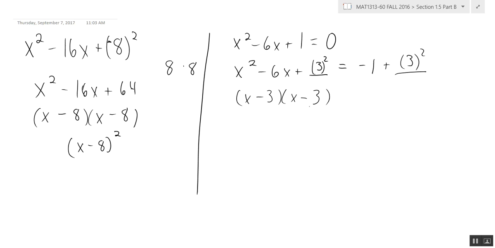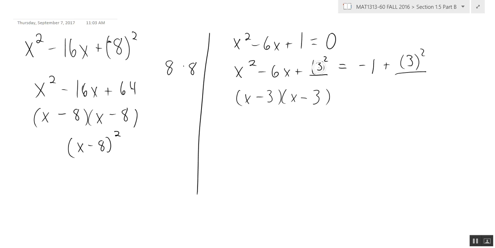Again, let me go back through what I did. To start the problem, I made sure it was a 1x squared. Then I moved the positive 1 over, and it became a negative 1. Where I had a positive 1, I put a blank, and I also put a plus blank on the right side of the equation. Then to get what goes in the blank, I take half of what's in front of x and square it.